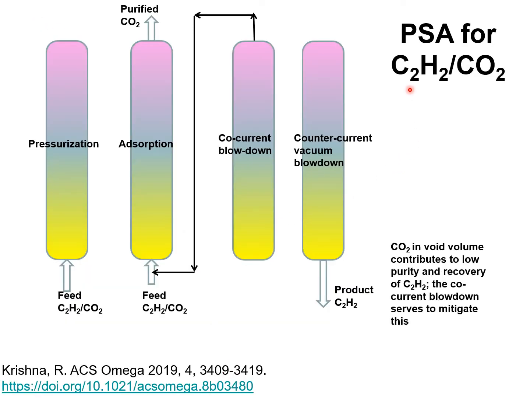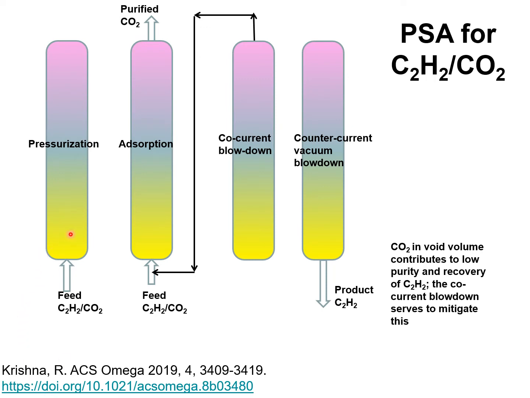The separation of mixtures of ethine, C2H2, also called acetylene, and carbon dioxide is important industrially for production of pure ethine. Typically, the purity requirement is 99% plus. A PSA scheme for using an adsorbent that selectively adsorbs C2H2 is shown here.